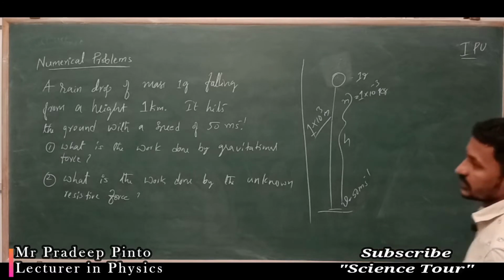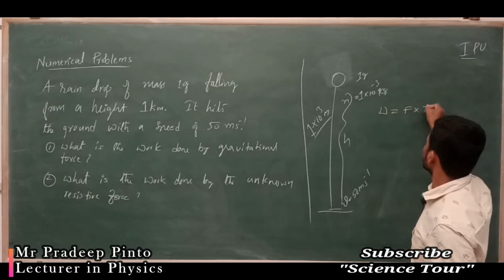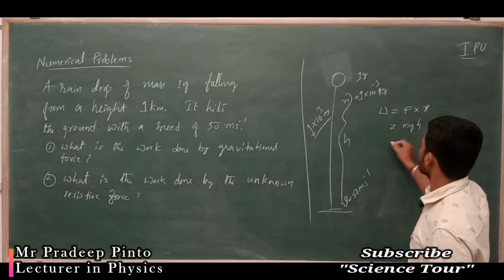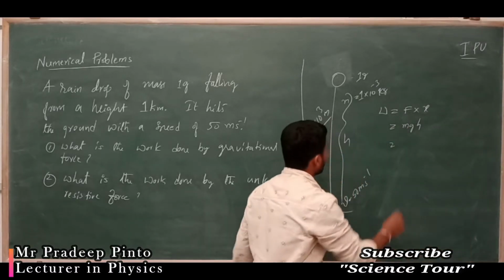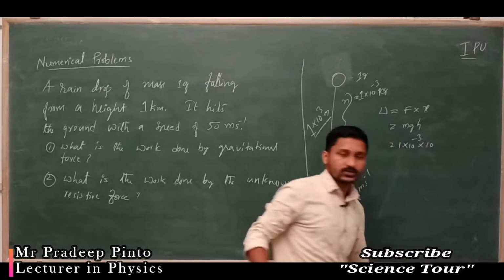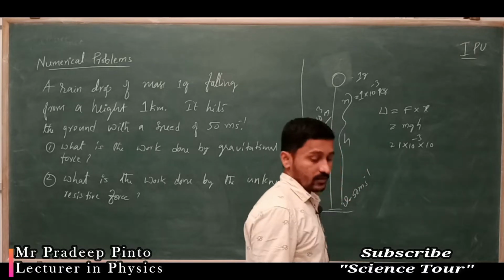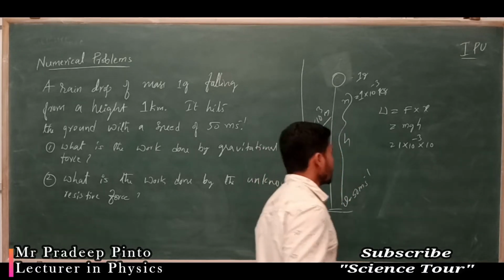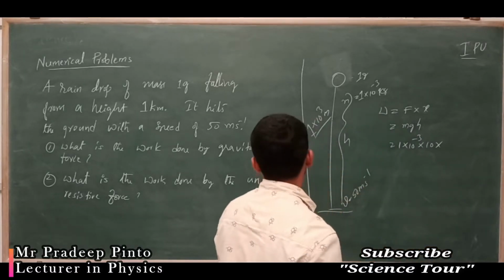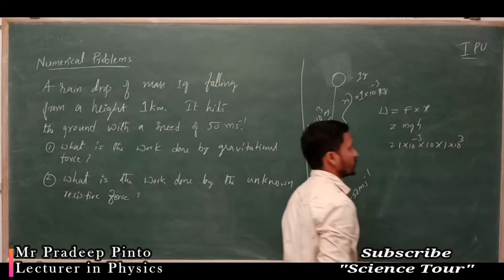Now what is the work done by the gravitational force? Work done by the gravitational force is force into displacement. Force is m into g, displacement is h. So m is 1 into 10 to the power minus 3, g is actually 9.8, but for my convenience I am going to take it as 10 meter per second square, into the height, which is 1 kilometer, that is 1 into 10 to the power 3.